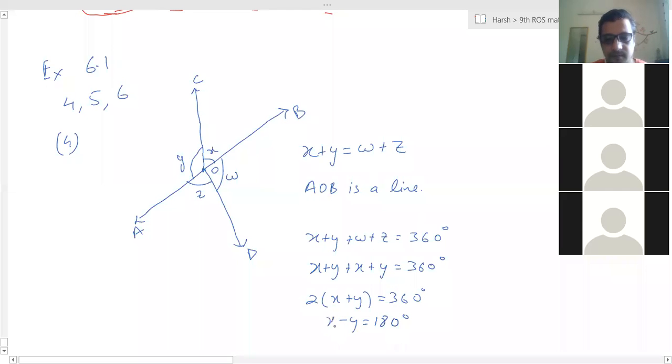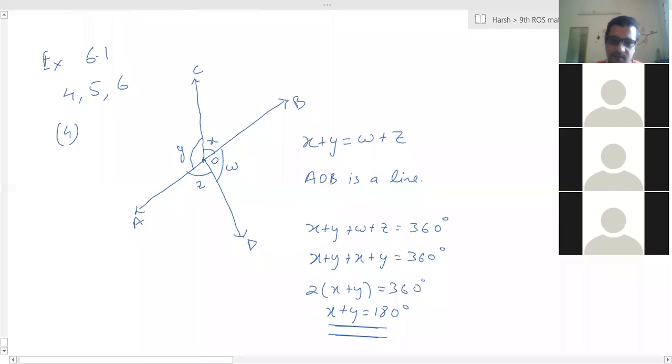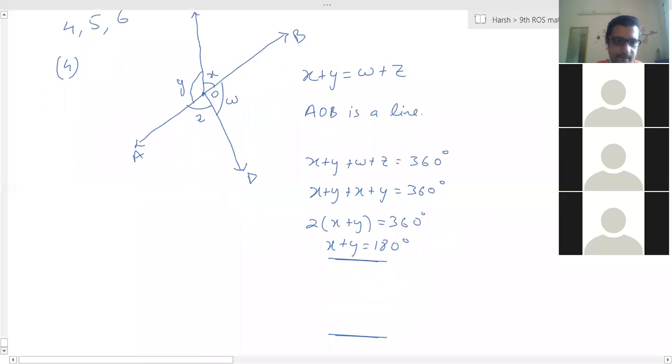Correct. So now since the sum of angles is equal to 180 degrees, AOB is a straight line. Got it? Yes, sir. Now fifth question.